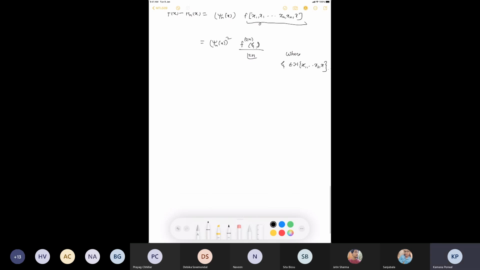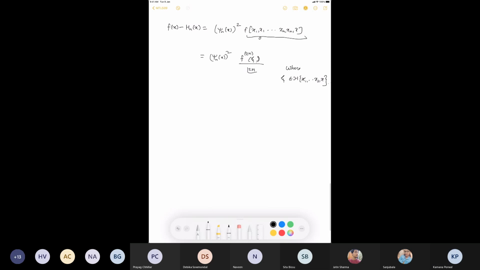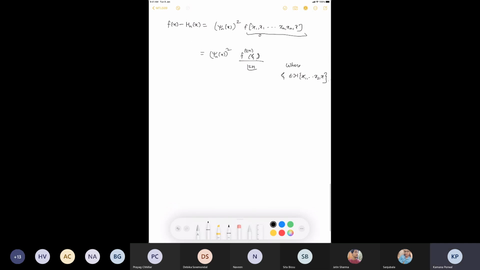So now let's take one example and then try to see how it really works. I'm taking a simple example, because I just want to explain how you form the divided differences table when the nodes coincide. So let's take the function to be a polynomial itself, 1 plus x raised to power 4.